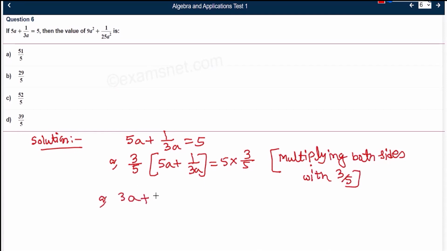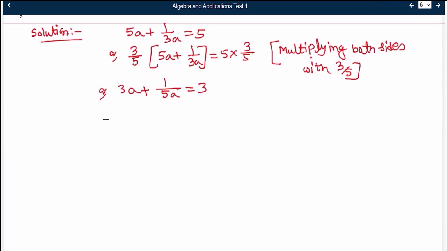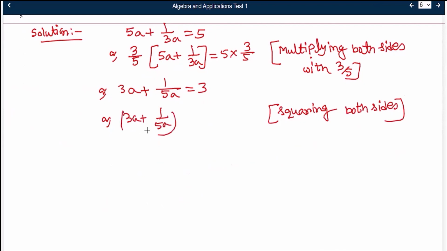It becomes 3a plus 1 by 5a equals 3. In the next step, we would like to do the square of both sides. So squaring both sides, 3a plus 1 by 5a whole square equals 3 square.